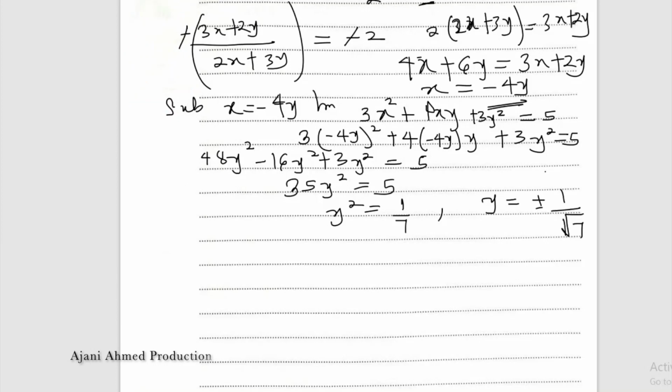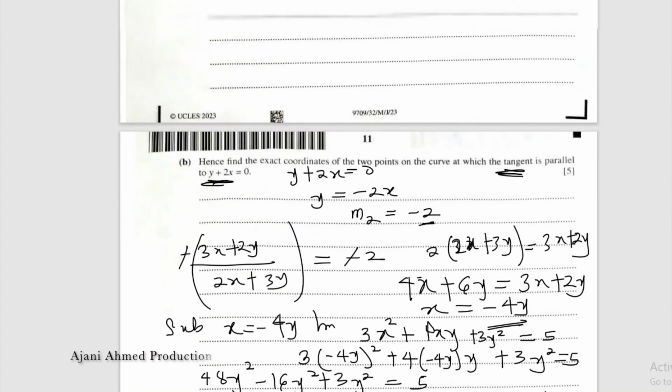So what the question asks us to find is the exact coordinates. One y is plus 1 over root 7. The other y is minus 1 over root 7. Remember that x is minus 4y.